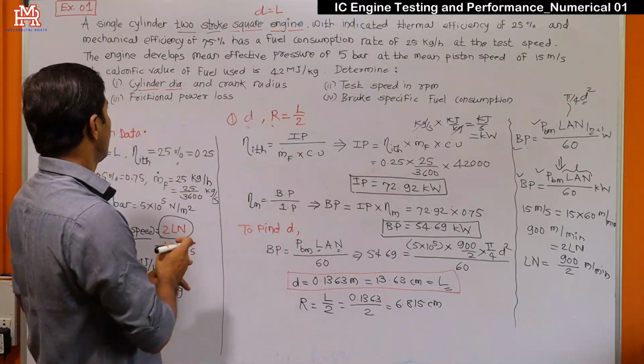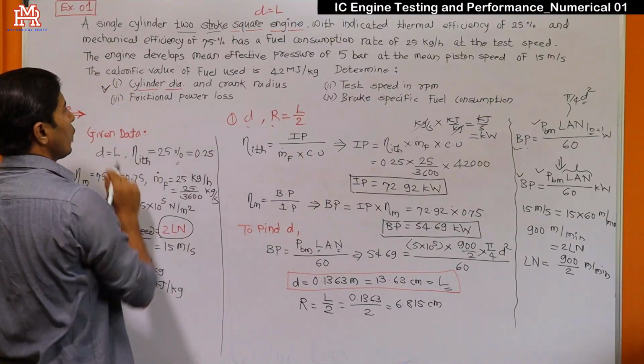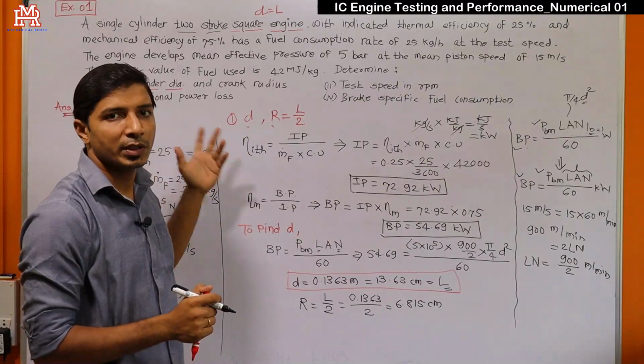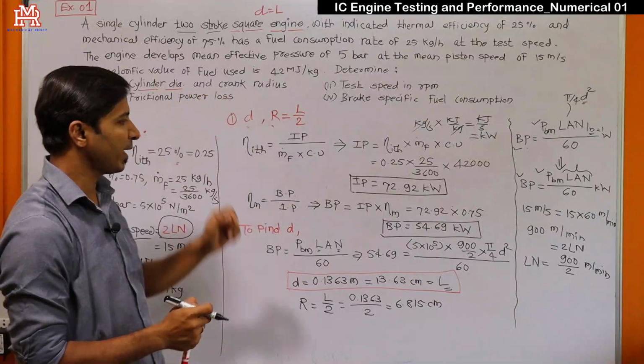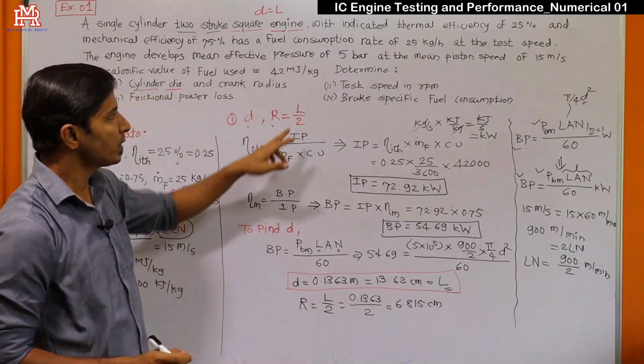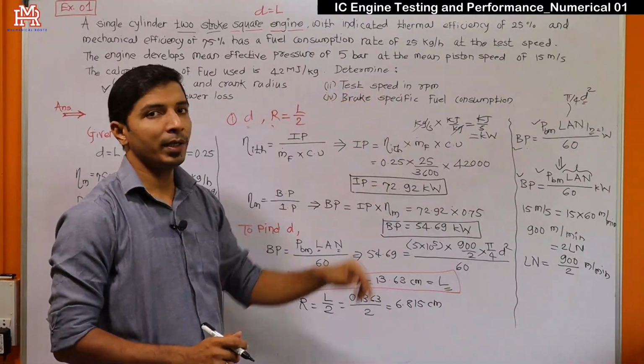So now I have got the answer for the first question asked, the first IC engine performance parameters asked: cylinder diameter and crank radius. And now we'll move towards the second parameter, test speed in RPM.